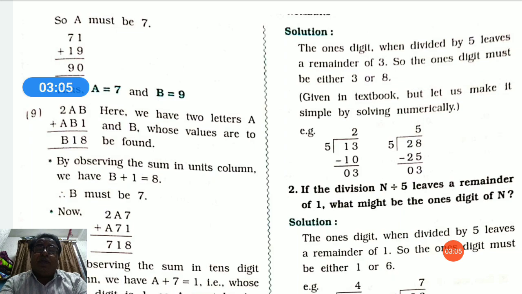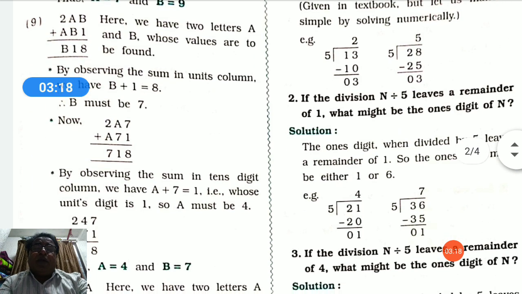Now our example becomes 2A7 plus A71 is equal to 718. Now by observing the sum in tens digit, we have A plus 7 is equal to 1, that is whose unit digit is 1.